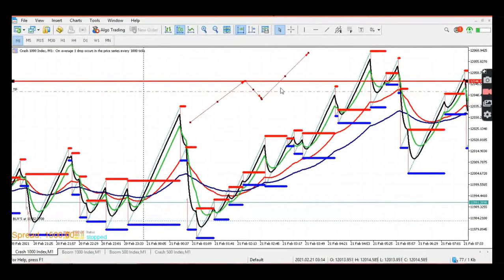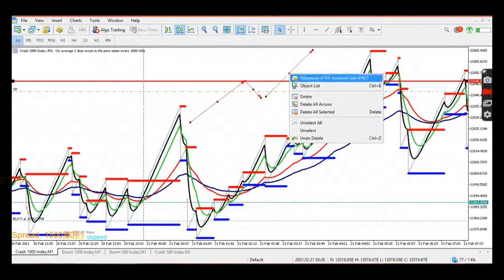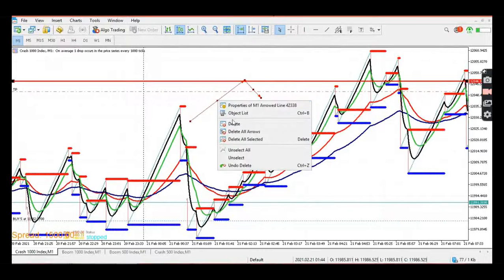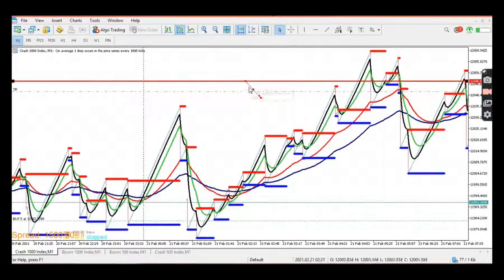That's why we assume this market is in an uptrend. But assuming this market forms a lower high and a lower low, that means this market is in a downtrend. Let me delete it so that I will draw it for you again.